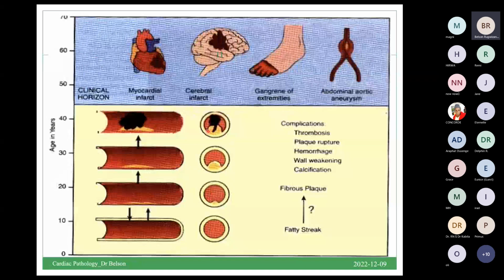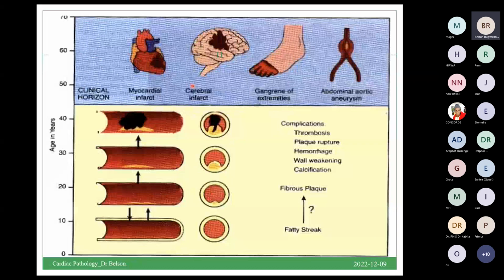Here they are combined with hemorrhage. So these three are combined: there is thrombosis, there is a plaque rupture, and there is hemorrhage. Hemorrhage, of course, is the one causing the thrombosis. And then there can be weakening, which may lead to aneurysm, which is not presented here, and calcification.